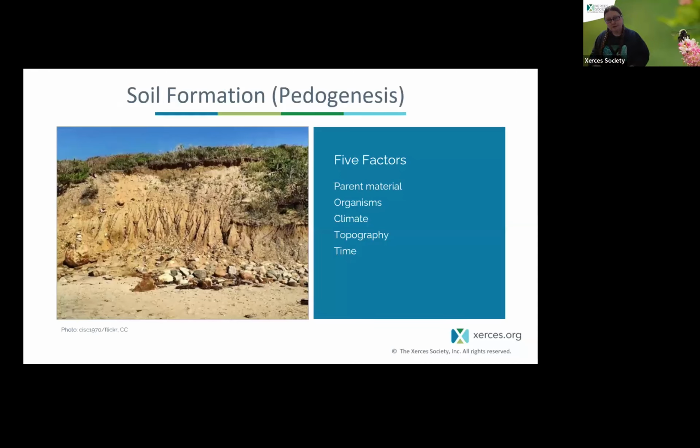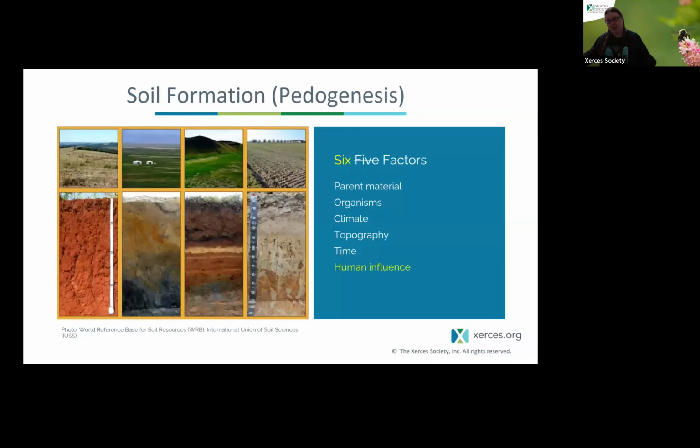And so soil formation depends on 5 factors, right? Parent material, the organisms in the soil, climate, topography, and time. But if we really break this down, we really want to look at also human intervention, the human influence on soils, right? Because that is a huge factor that impacts soil formation.